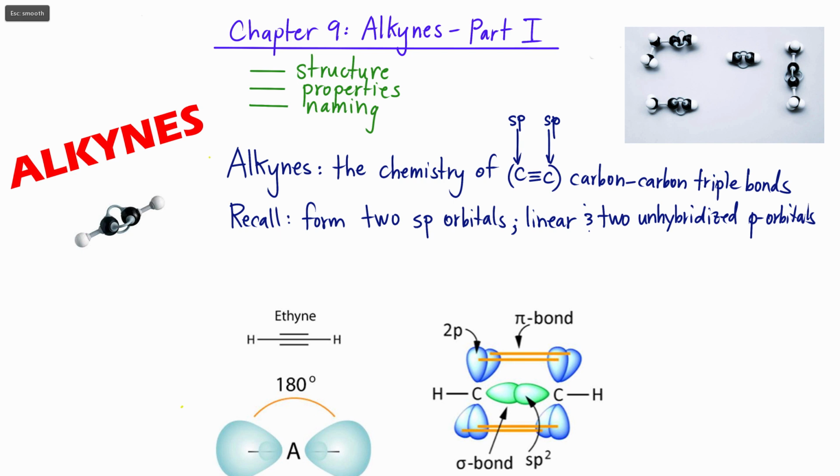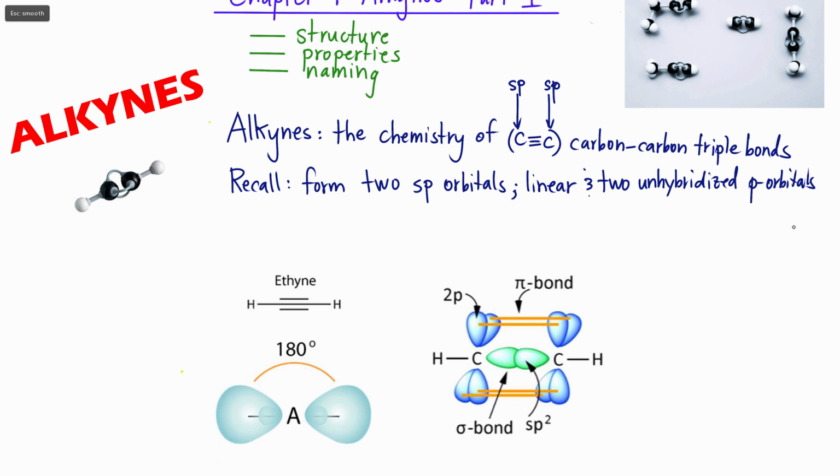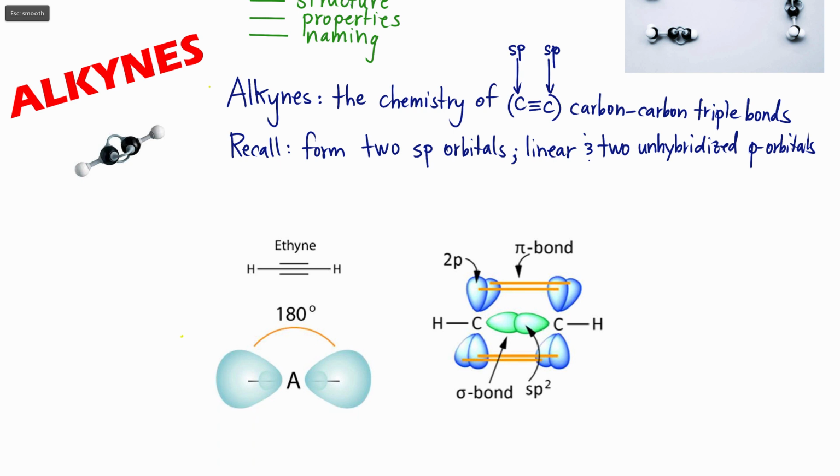Now, we need to look at how these orbitals overlap to form bonds. This is something we've already done in chapter 1, but we'll revisit it again. Okay, so from this figure here, this is your sp molecular orbital.